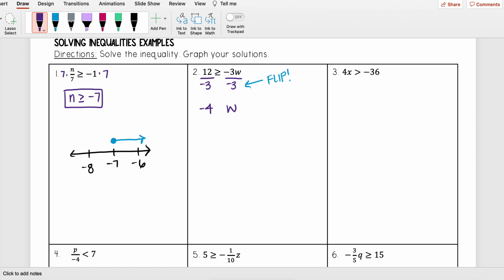So now instead of a greater than or equal to, I'm going to have a less than or equal to. And then since I don't like having my variables on the right-hand side, I'm going to go ahead and switch this around. So I'm going to put my w on the left and the -4 on the right. And then I need to flip this inequality again because I want the open side facing the w.